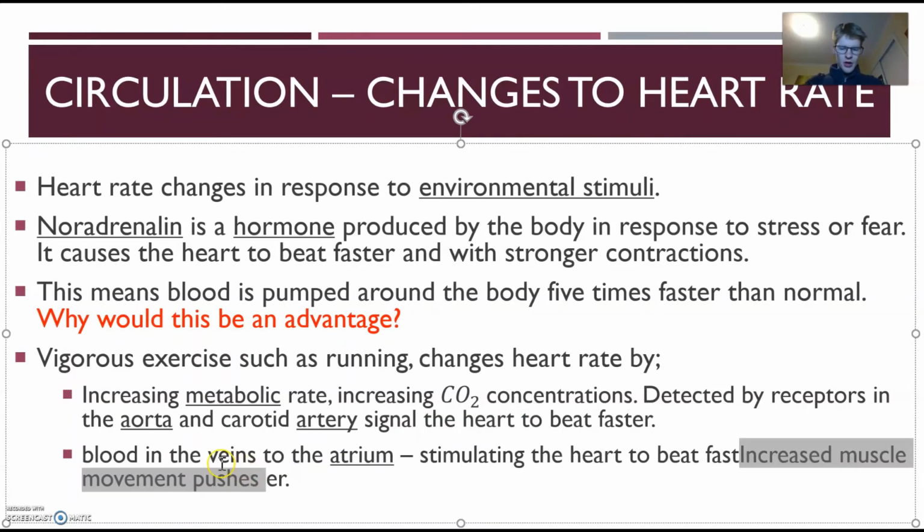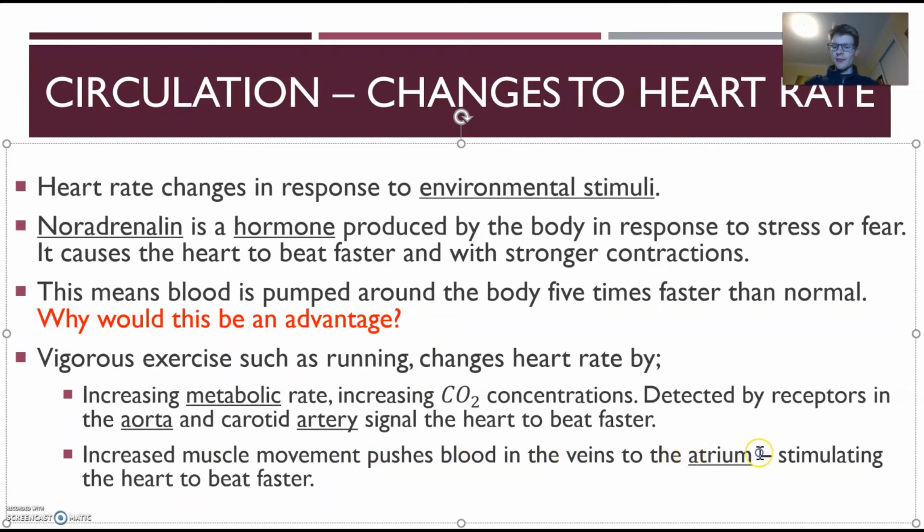When receptors detect this stretch in the atriums, and receptors detect the increases of CO2 concentrations, nerve signals are sent to the peripheral nervous system, and then back to the heart to tell the heart to beat faster. We'll talk about what that is later.